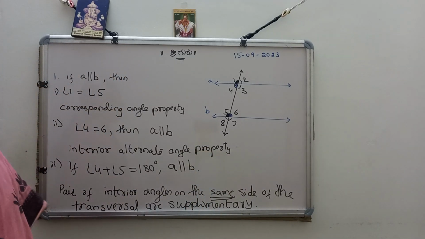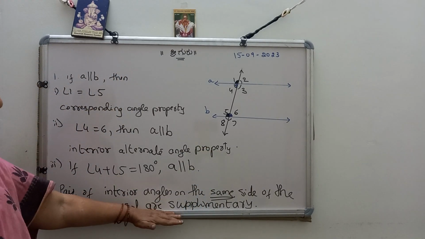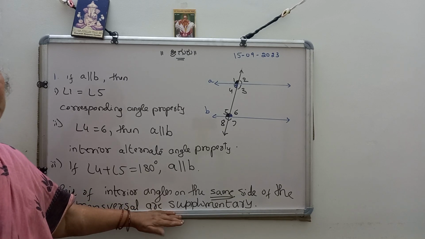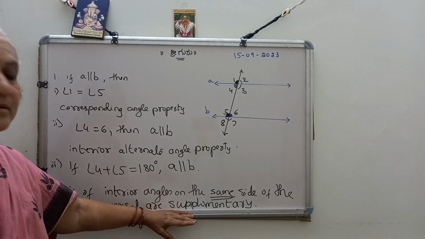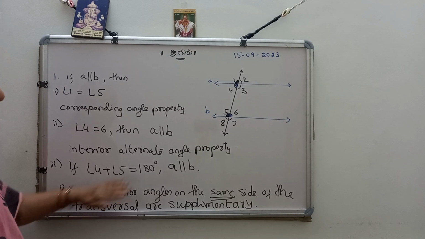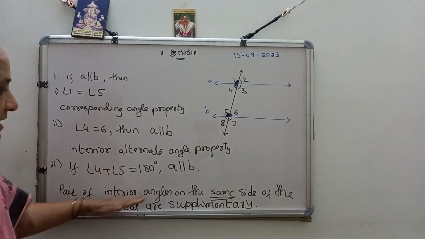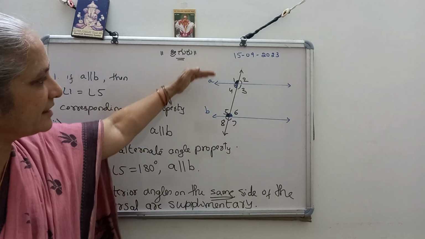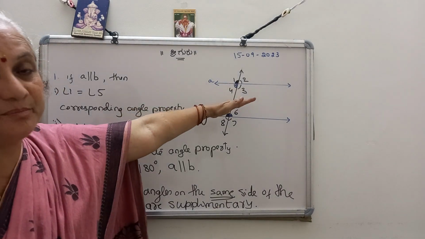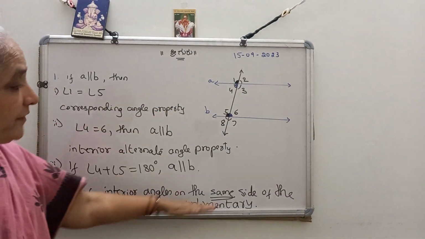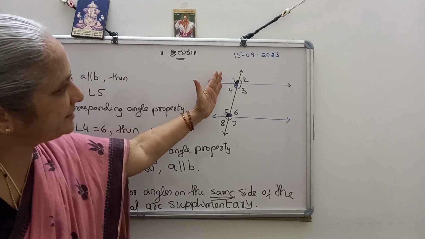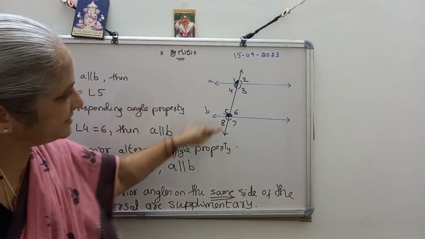Children, you should be able to write the sentence as it is, because every word has meaning. Pair of means there are two angles. Interior angles means they are inside the region of the parallel lines. On the same side, that is, this is the transversal.